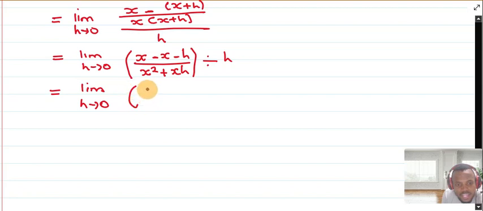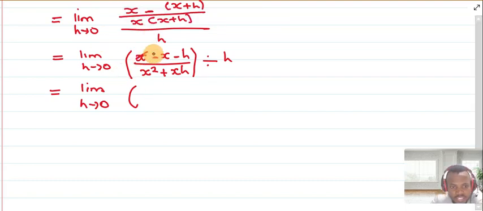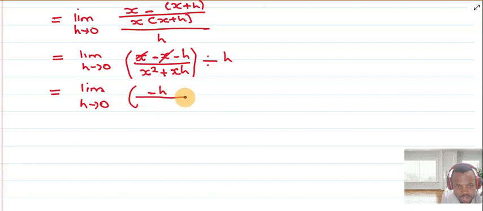Okay, if you look carefully here, this x and this x cancel. I'm left with minus h over x squared plus xh, and I multiply this by 1 over h.